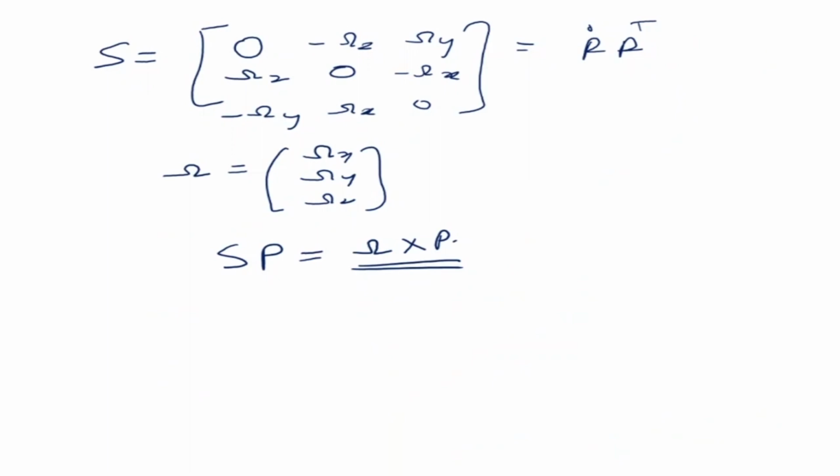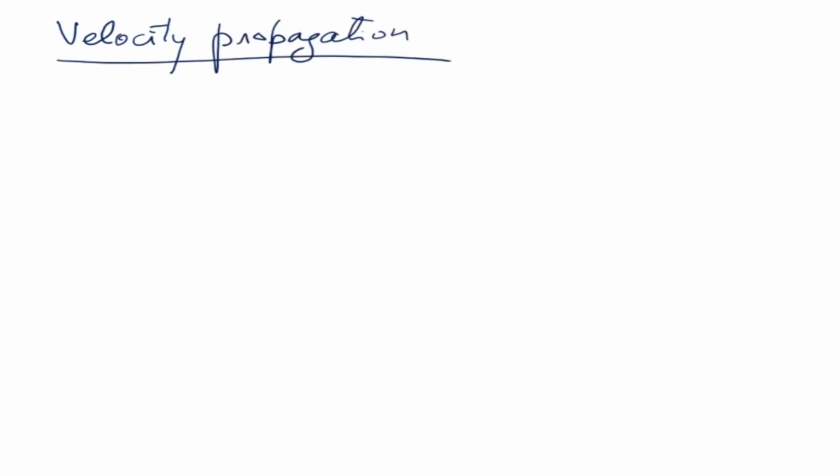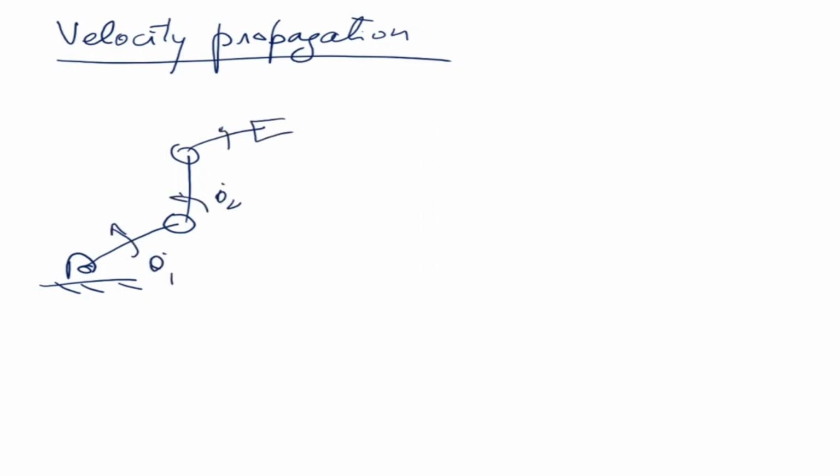So let's look at what we call the velocity propagation from link to link now. What does this mean? I have a manipulator like this, and there are revolute joints, with angular velocities theta1 dot, theta2 dot, theta3 dot.